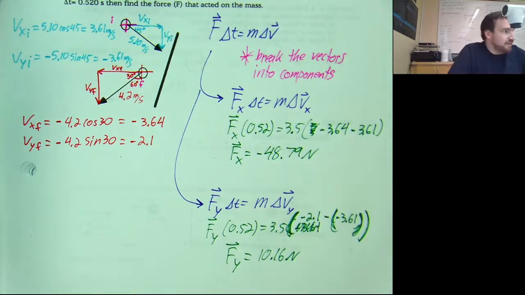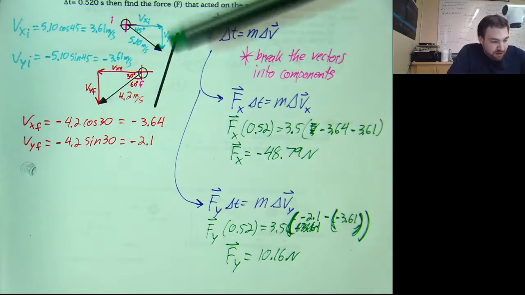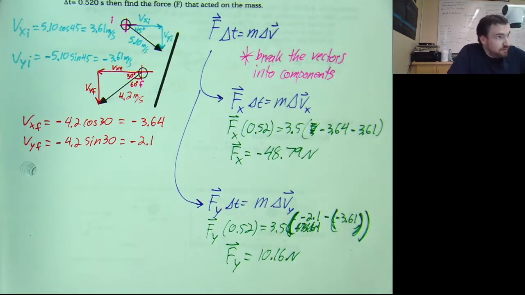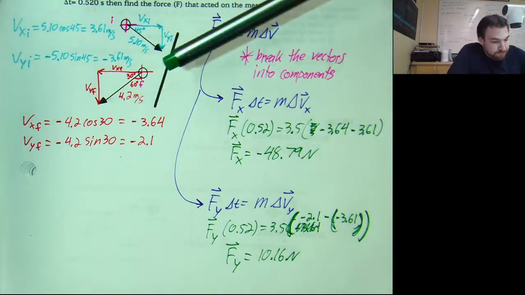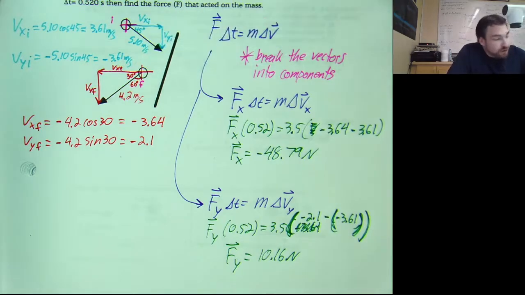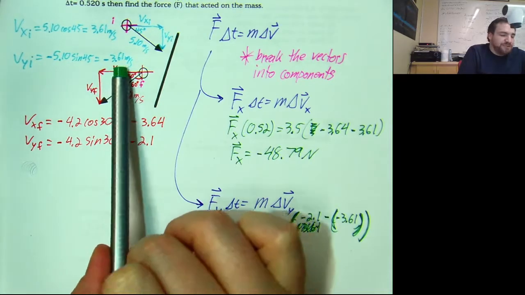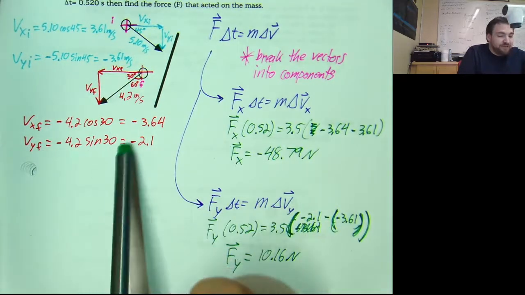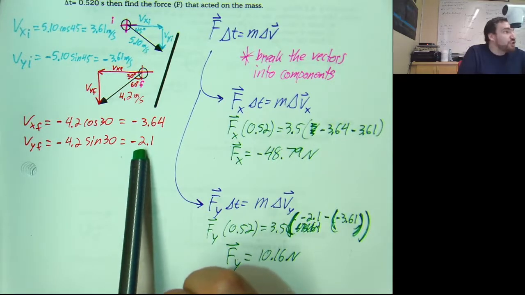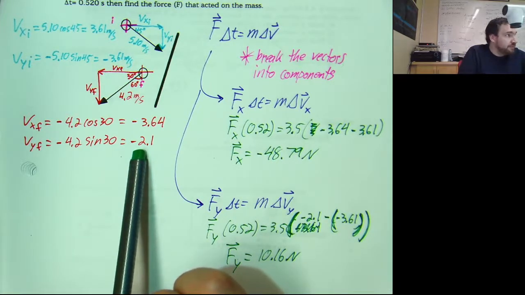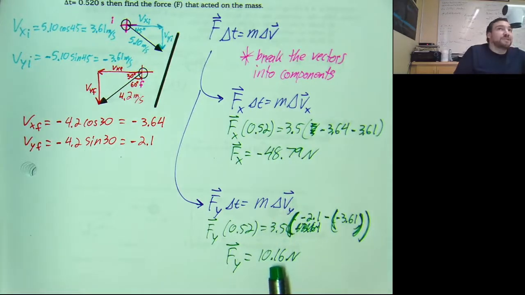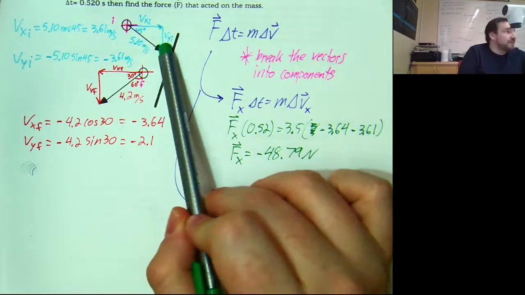Okay, let's see if that makes sense. Doesn't make sense? Why not? Oh, down is negative. But look what's happening here. It was originally going in the y direction with a velocity of negative 3.61. After it bounces, it's only going down with a velocity of negative 2.1. So it was slowed in the y direction, which means it had to have a force acting against whatever its original y velocity was.